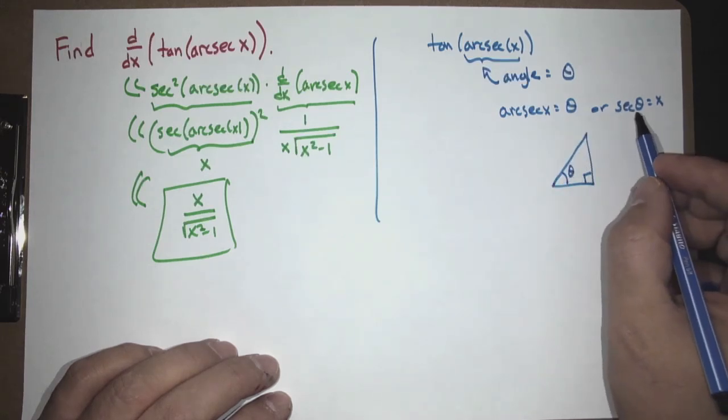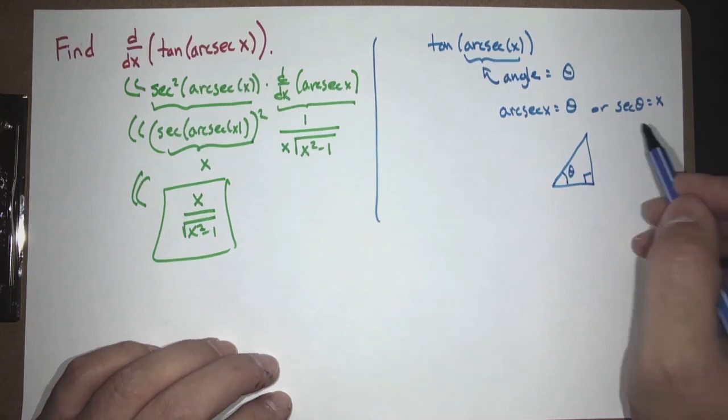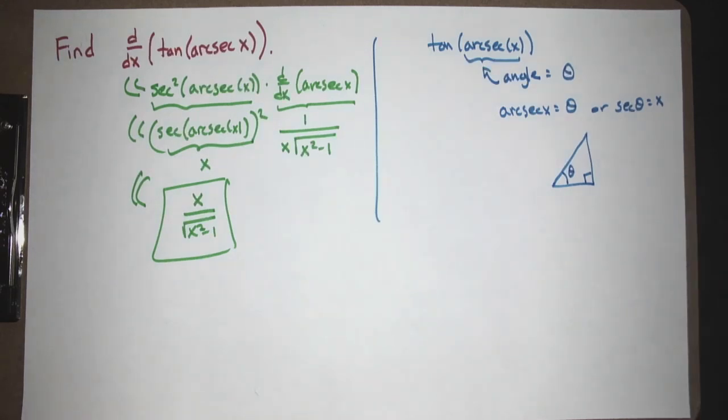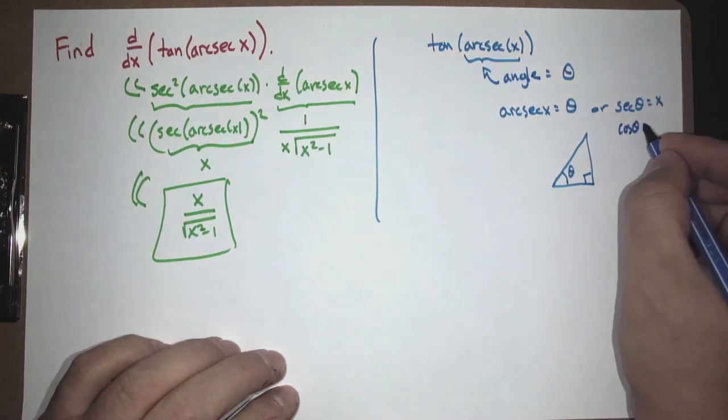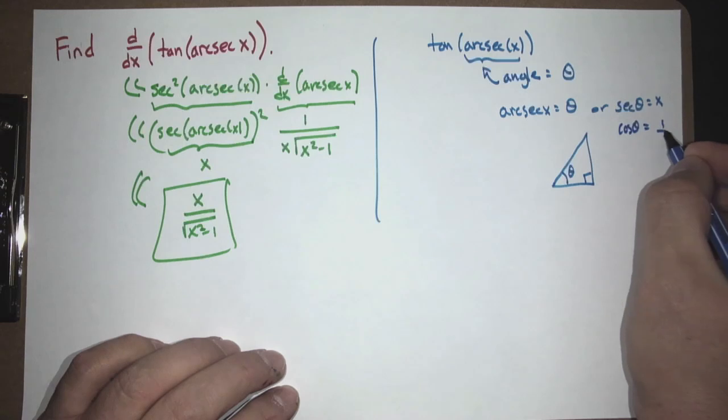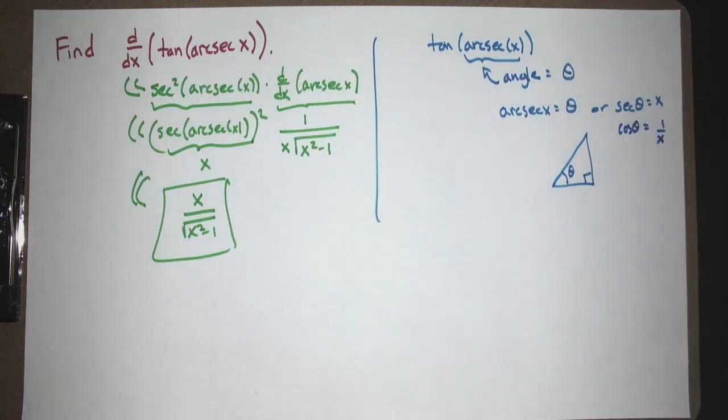Now, secant of theta, maybe we're not very familiar with that, but it's not far away from something we are comfortable with. What is it related to? Cosine. Secant is 1 over cosine. So this is the same thing as saying cosine of theta is 1 over x.